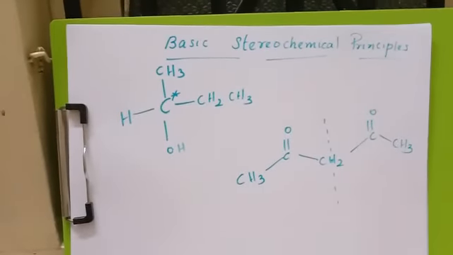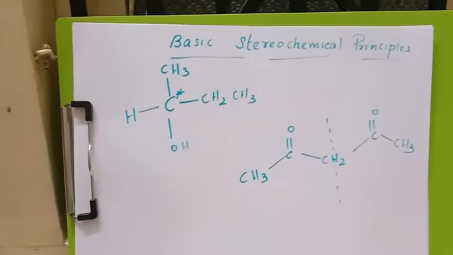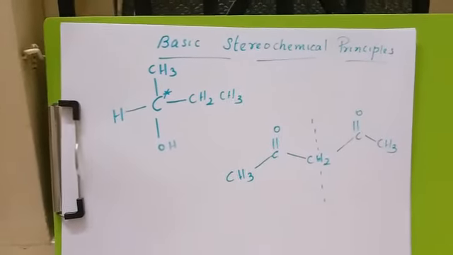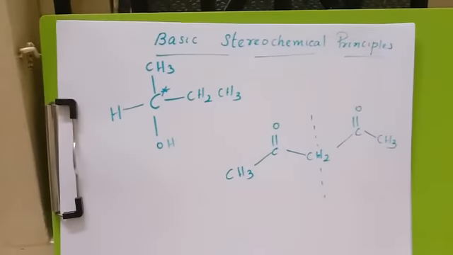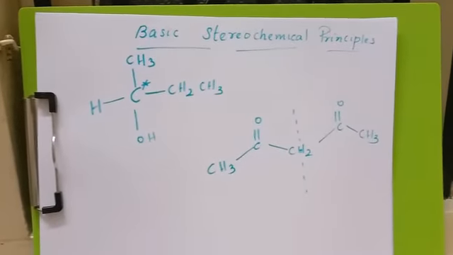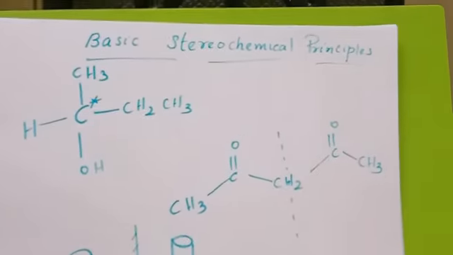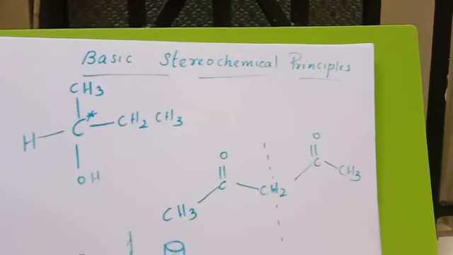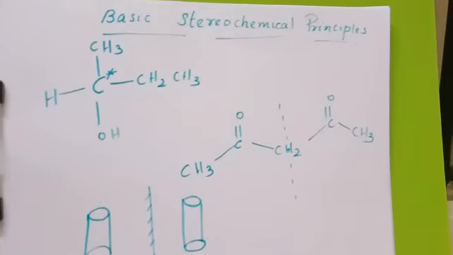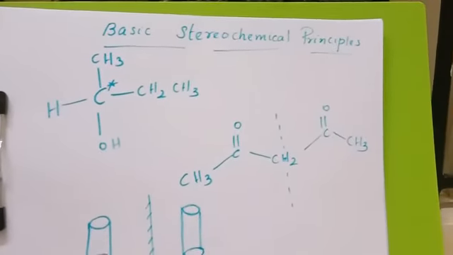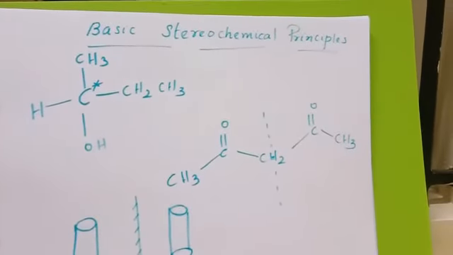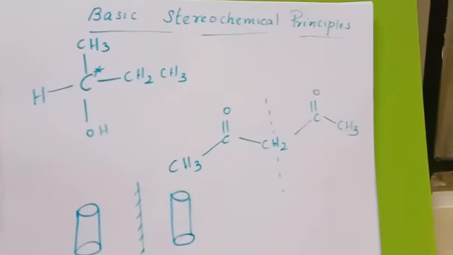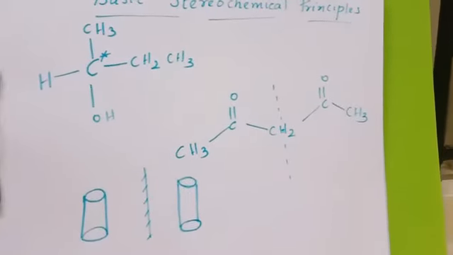What is chiral? An object or molecule which is not superimposable on its mirror image is called chiral and the property is called chirality. The objects which are superimposable on their mirror images are called achiral. For example, a sphere. If we keep a sphere in front of the mirror, we get a superimposable image of the same sphere.